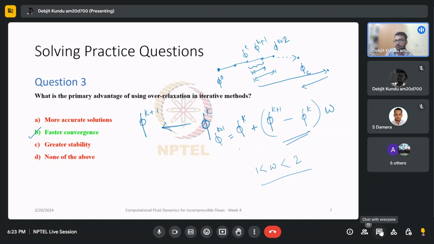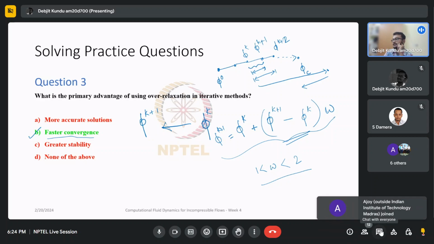This is the core idea behind over relaxation, and as a result it improves the speed at which we converge. The number of iterations taken is reduced. This is a primary advantage, but there are some disadvantages as well, which we will see later.